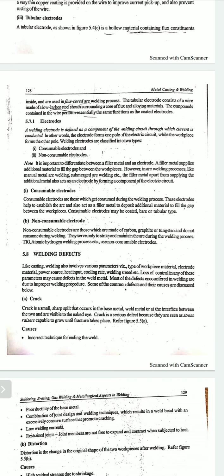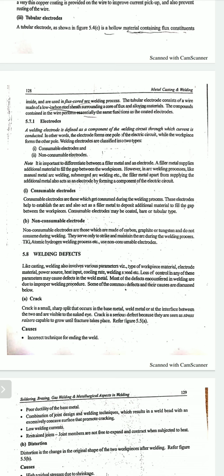Now let us see the classification of the electrodes. Welding electrodes are usually classified into two types: consumable electrodes and non-consumable electrodes. There is an important difference between the filler metal and the electrodes. The filler metal supplies the additional material to fill the gap between the workpieces.